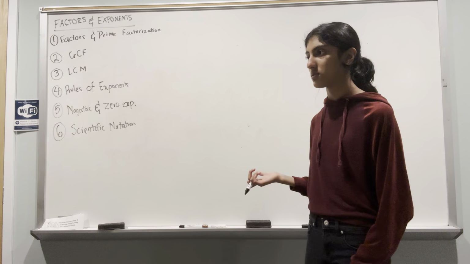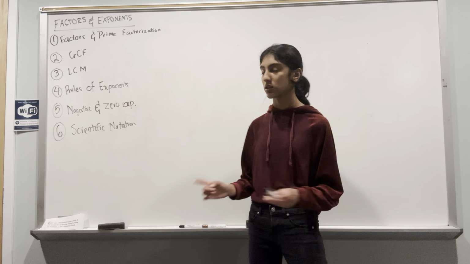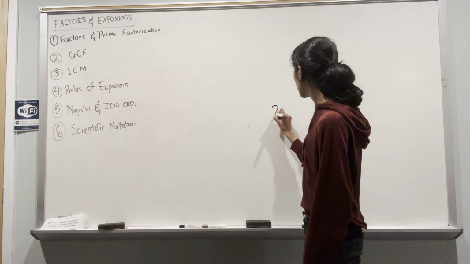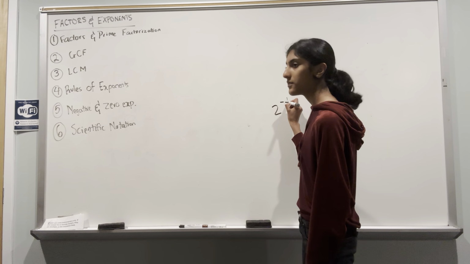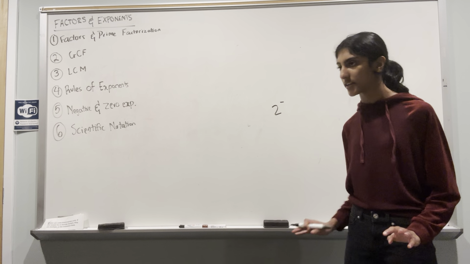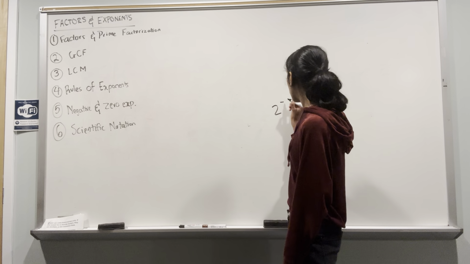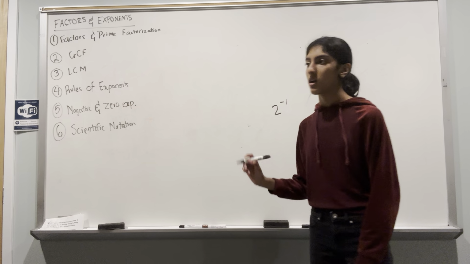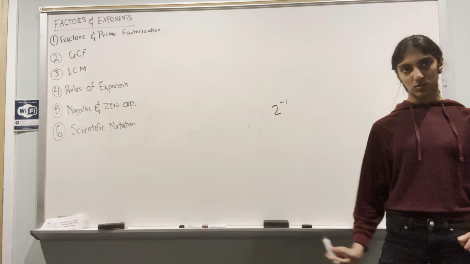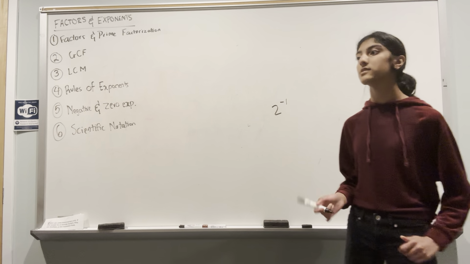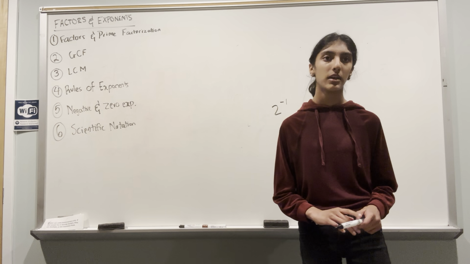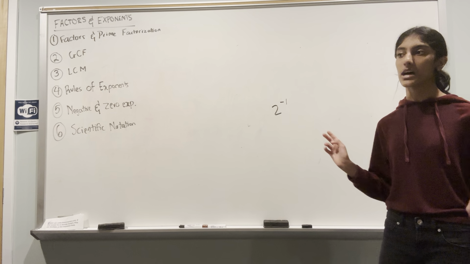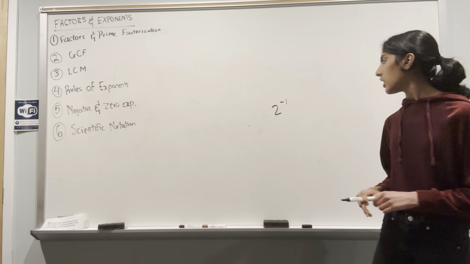Negative exponents form a fraction. We haven't gotten into fractions yet actually. So if I had 2 to the power negative 1, anything to the power 1 is equal to itself because that means you're multiplying it one time. And when you multiply anything one time, it's going to equal itself.